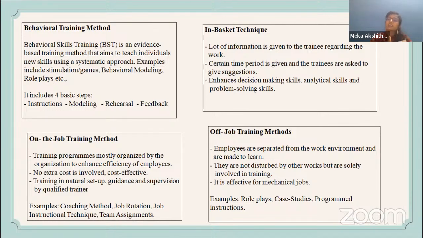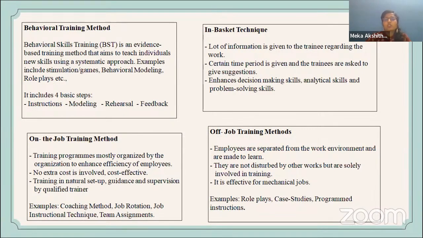Then they will ask the employees, if you were in that situation, what would you do? He or she can't say that they would behave in the same manner, but they have to give different alternatives and their own ideas on how they would deal with that particular situation. They have to come up with their ideas after looking at the original situation. That is behavioral modeling.